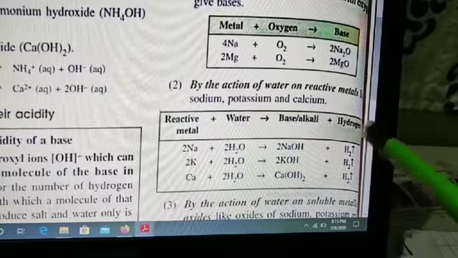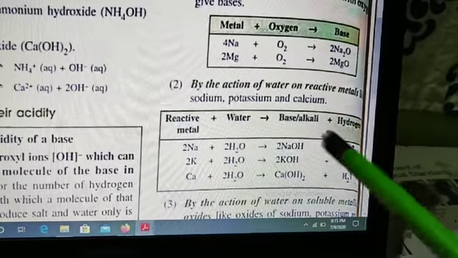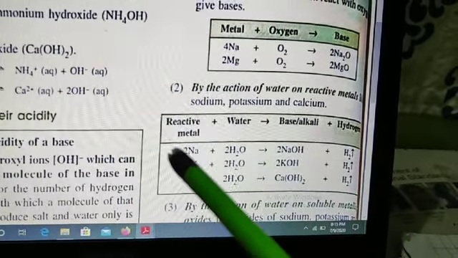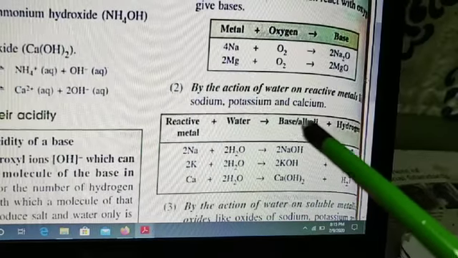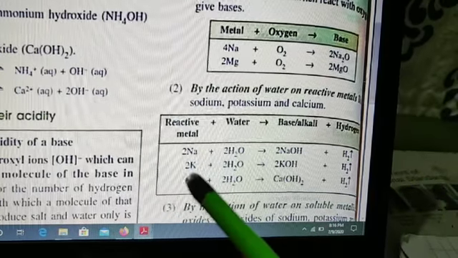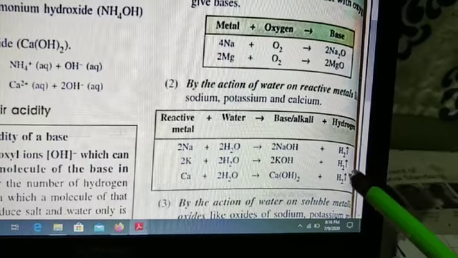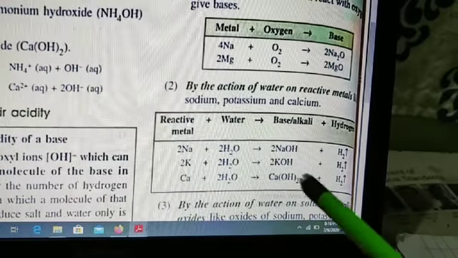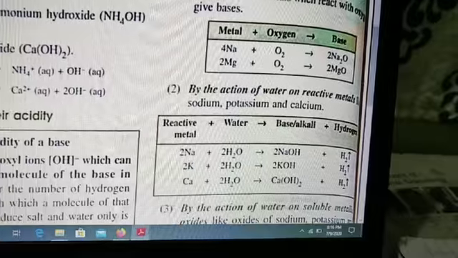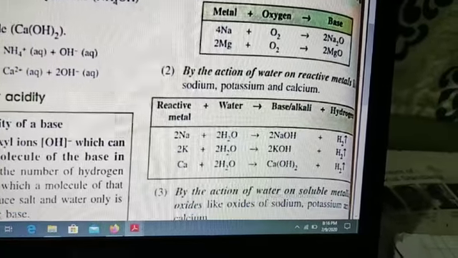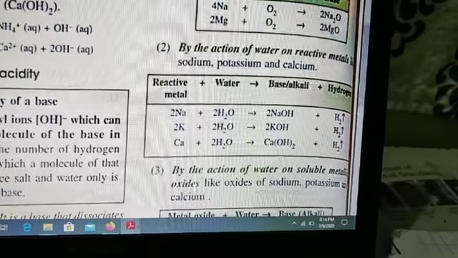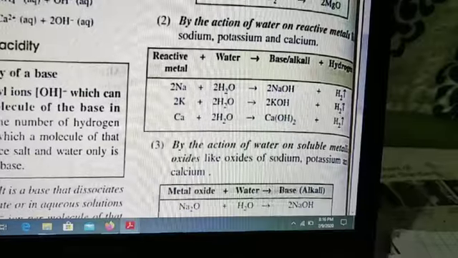You can follow this general equation to understand these chemical equations: reactive metal plus water gives you base or alkali and hydrogen gas. Similarly potassium reacts with water to form potassium hydroxide and hydrogen. Calcium reacts with water to form calcium hydroxide and hydrogen. So this is the preparation of bases by the action of water on reactive metals.